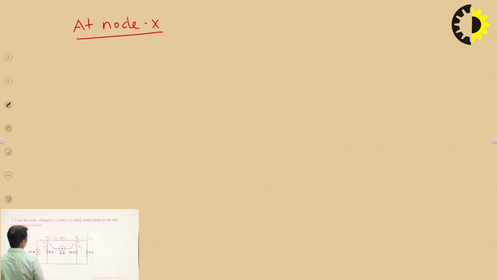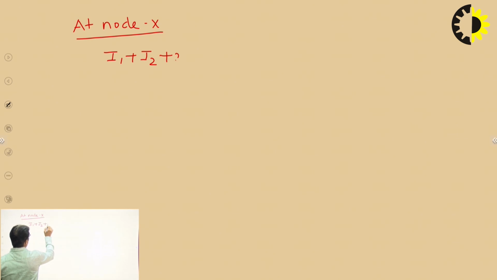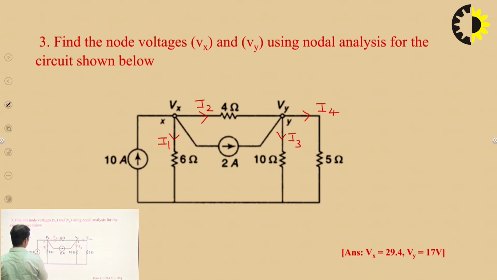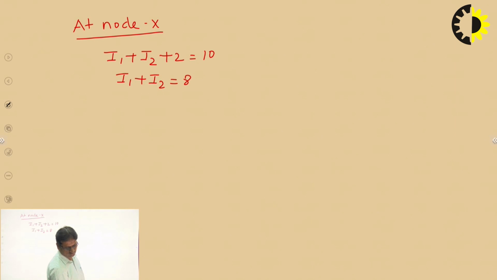So I1 plus I2 plus 2 equal to 10, or I1 plus I2 equal to 8. Okay, this is one equation.